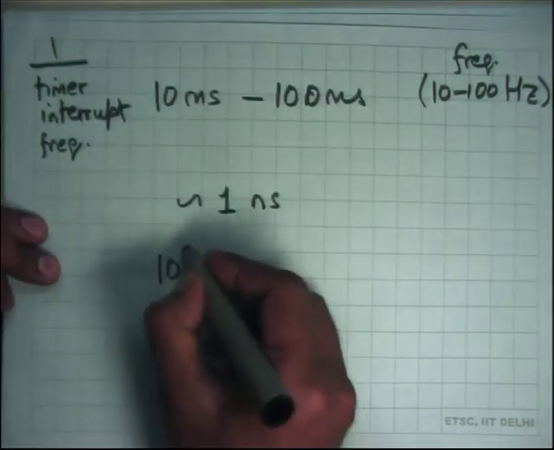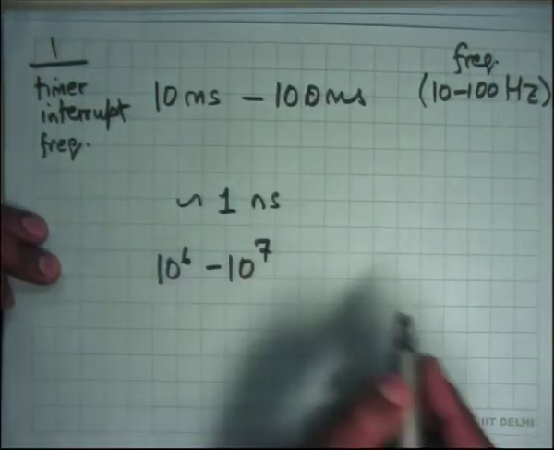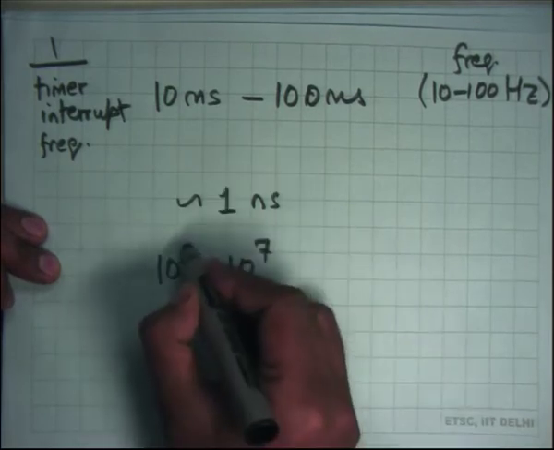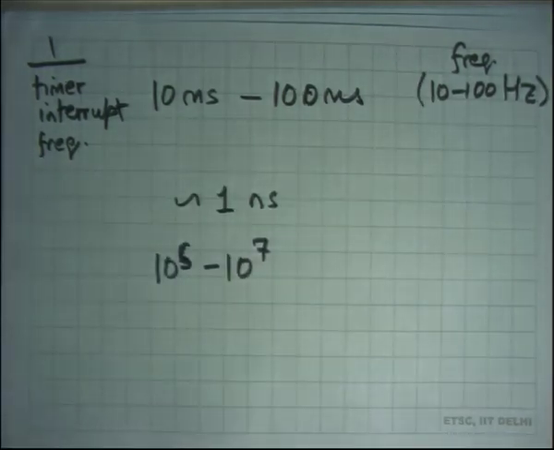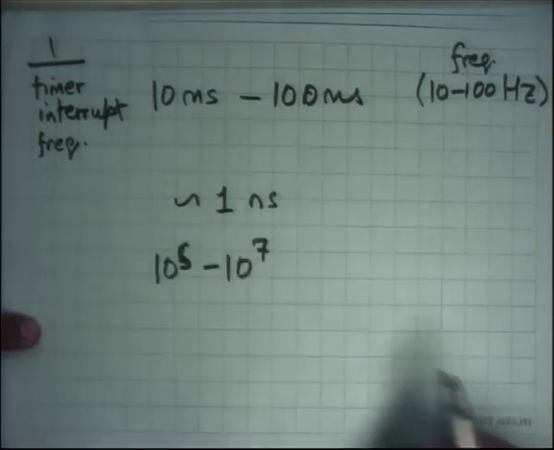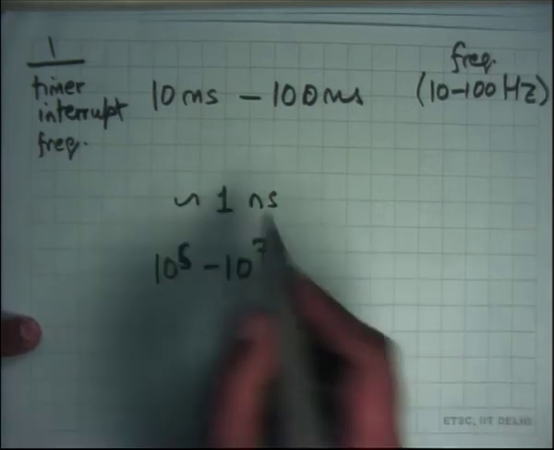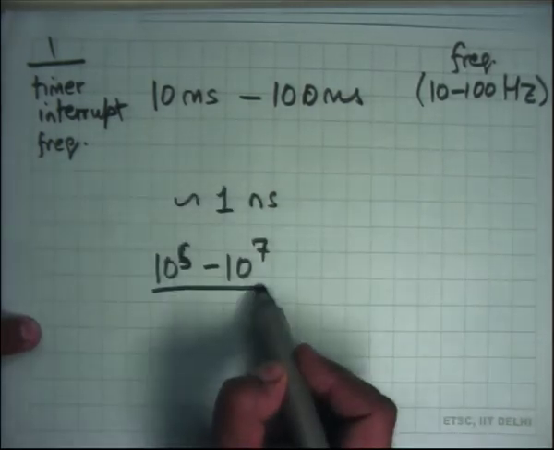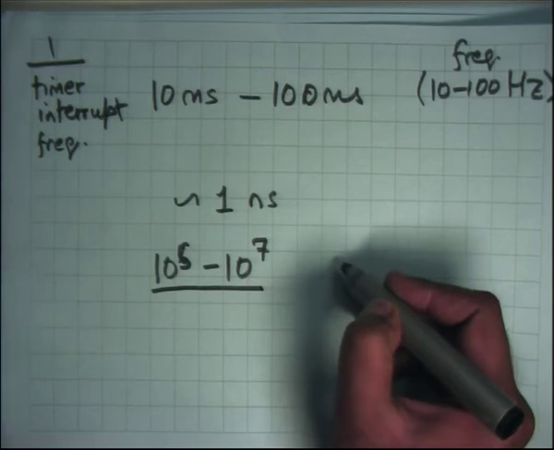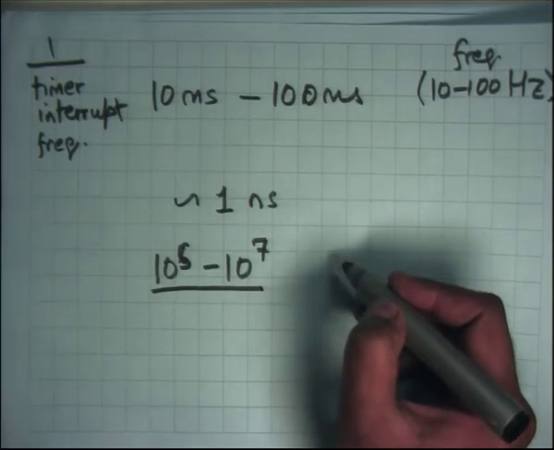Let's say 10 to the power 6 to 10 to the power 7 instructions. Or let's say 10 to the power 5 to 10 to the power 7, if you want to say that memory access is going to take a lot of time, memory is not so fast. So that is the number of instructions that get executed, roughly speaking, in one timer slot.